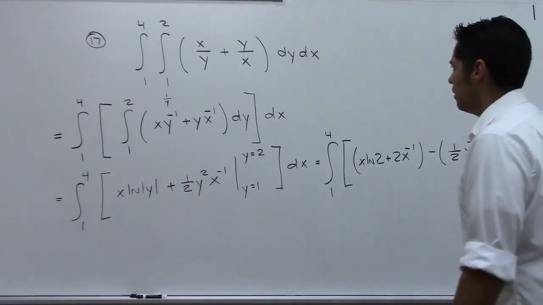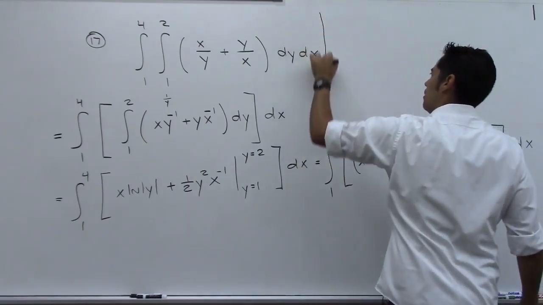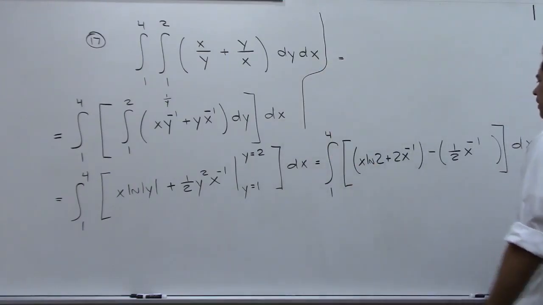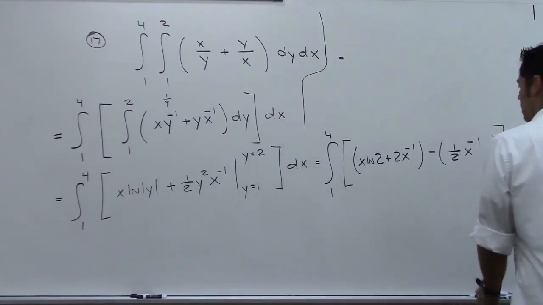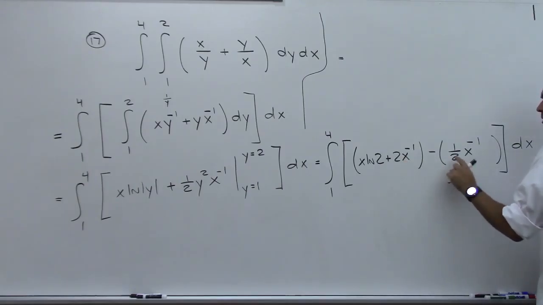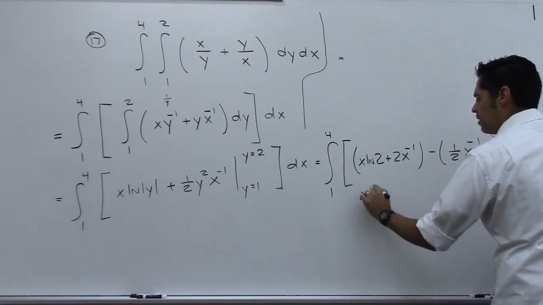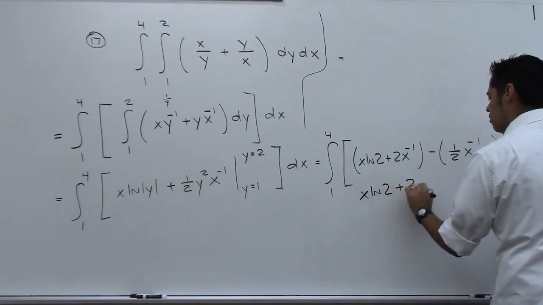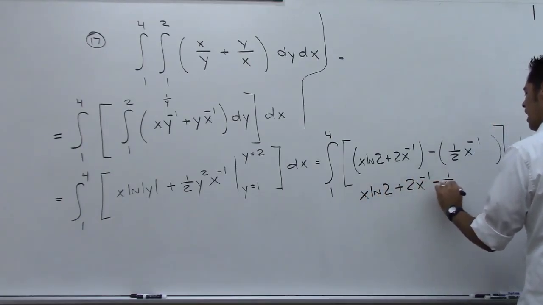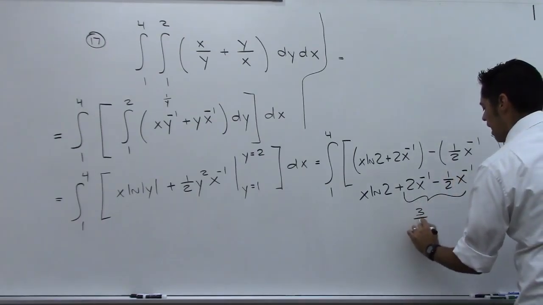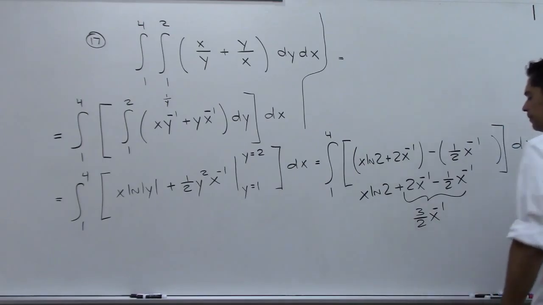Now we're going to integrate this. So let me do that right here. The only thing I'm considering is whether or not we should put these two together because they're like terms. They're both x to the negative 1. Let me do that. This would become x natural log 2 plus 2x to the negative 1 minus 1/2 x to the negative 1. These two together become 3/2 x to the negative 1.